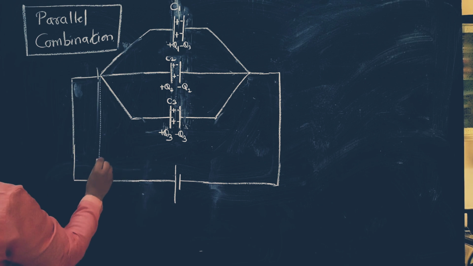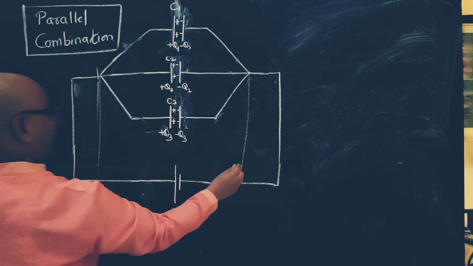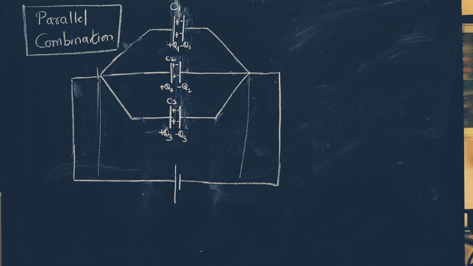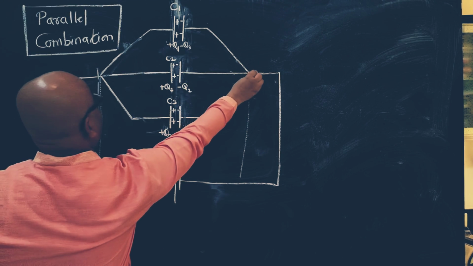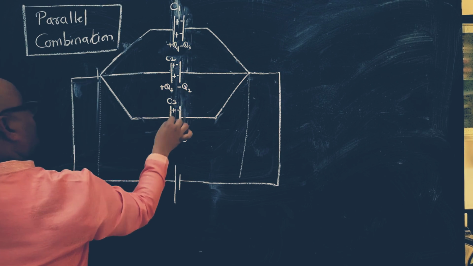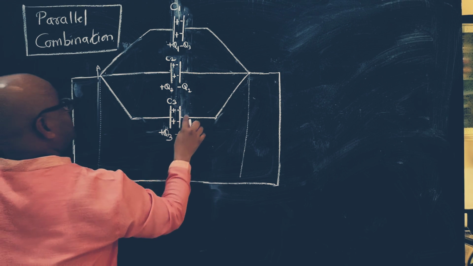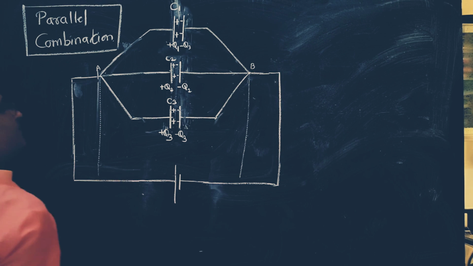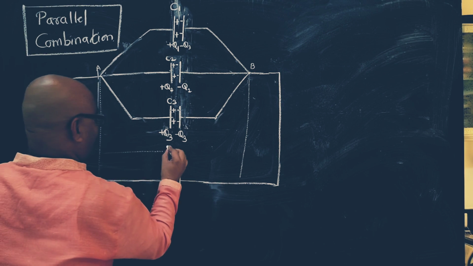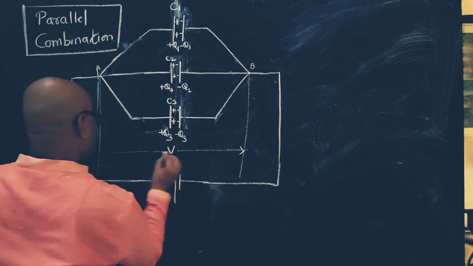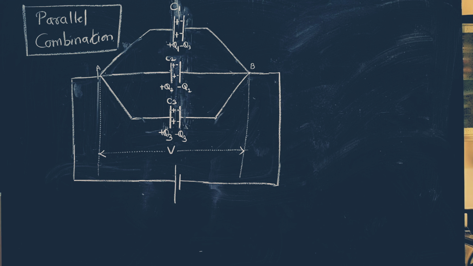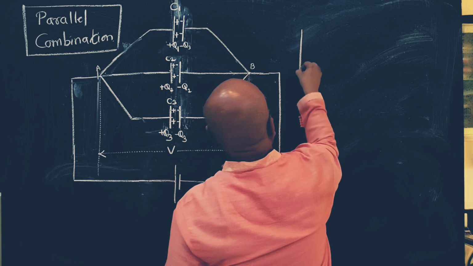But as the positive plate of each capacitor and the negative plate of each capacitor are connected to common points, the positive plate of each capacitor is connected to this point, say A, and the negative plate of each capacitor is connected to this point, say B. That means the potential difference across the plates of each capacitor will be the same and is equal to the applied potential difference V. Now this diagram can be an equivalent diagram.